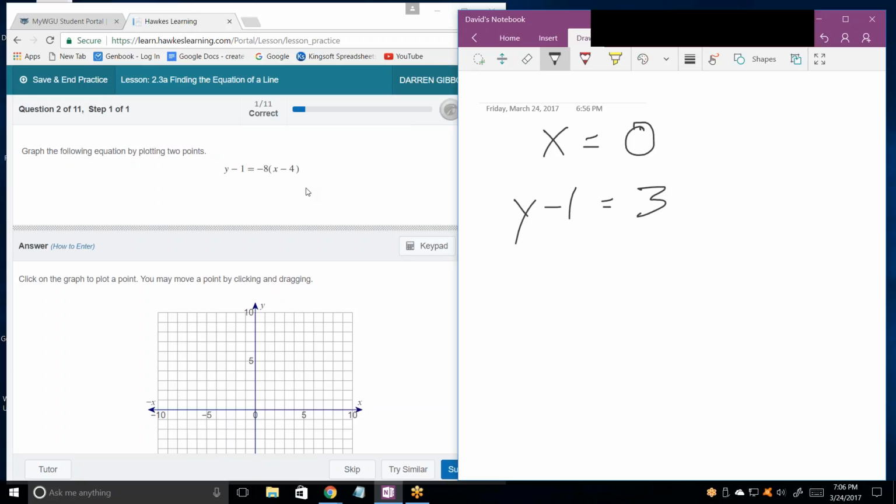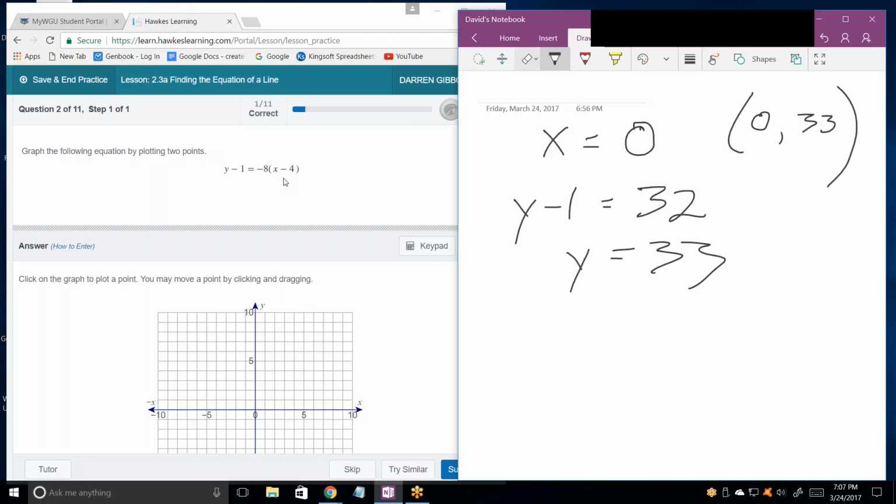Actually, plus 32, because it's minus 8 times minus 4. Which makes y 33. Okay? So one point that I know for sure is on this graph is (0, 33).